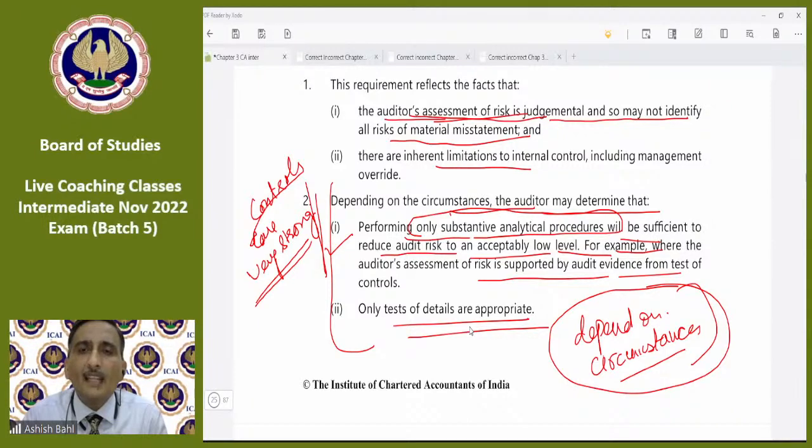He may be satisfied with only applying analytical procedures, just evaluating the financial information. He may not design or carry out tests of details, but there might be cases where tests of details are necessary and appropriate, and these are in fact performed in a majority of cases.